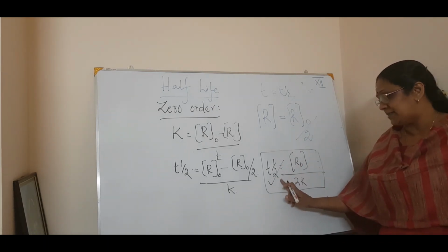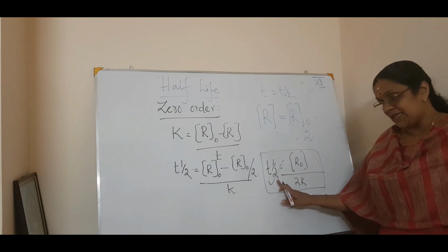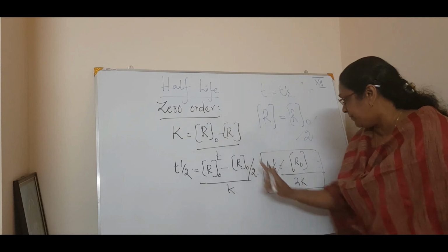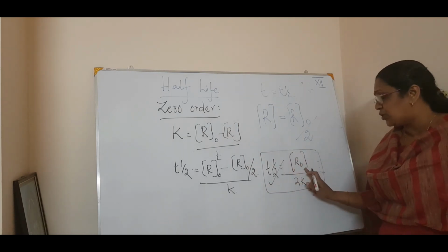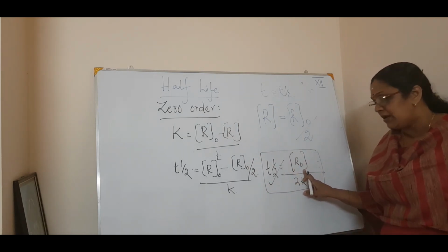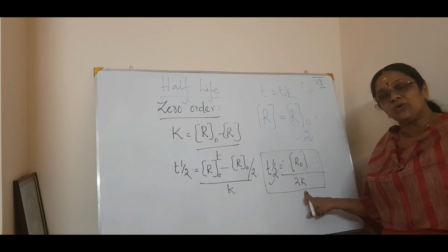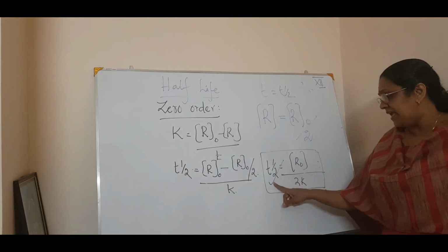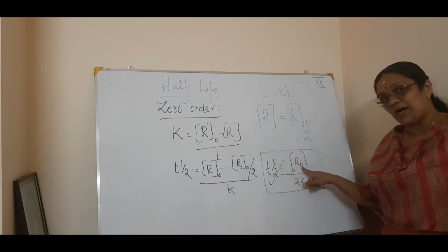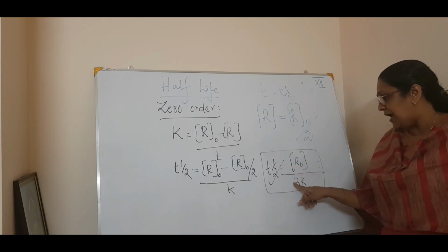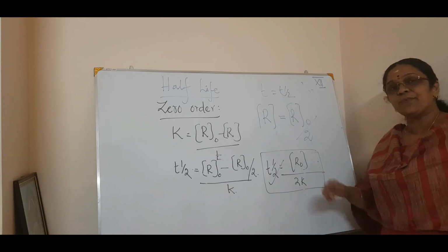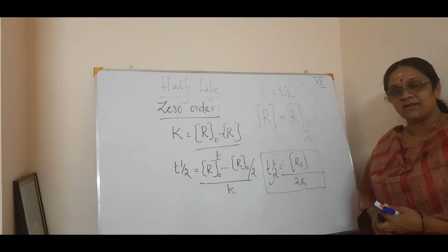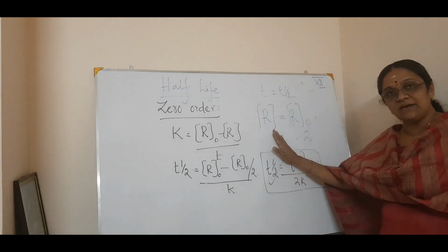It says that the half-life period of a zero order reaction is directly proportional to the initial concentration and inversely proportional to the rate constant. T half is directly proportional to R0, the initial concentration, and inversely proportional to K, the rate constant. Correct? This much is clear.